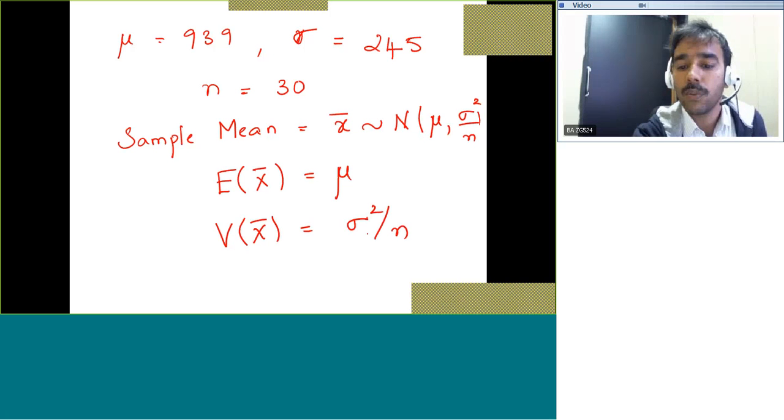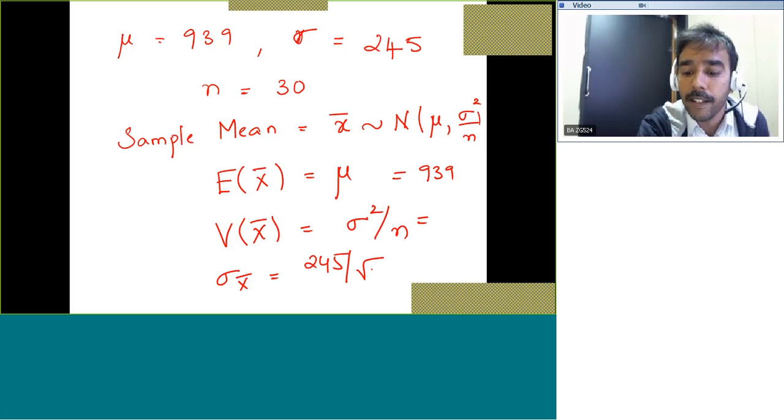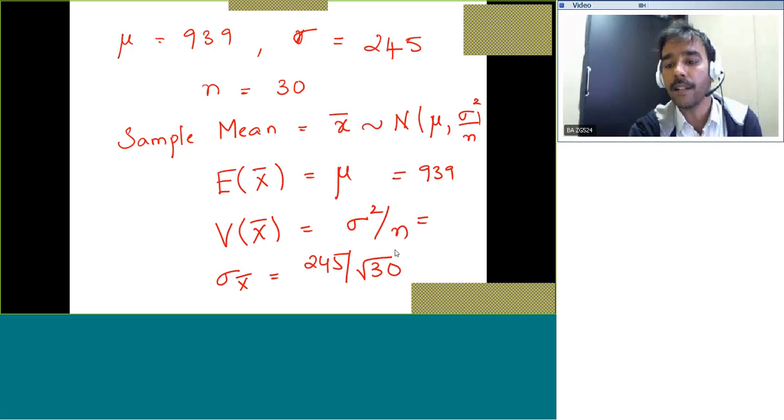So expectation of x bar is 939, and the standard deviation of x bar is sigma by root n, that is 245 by root over 30. Correct?